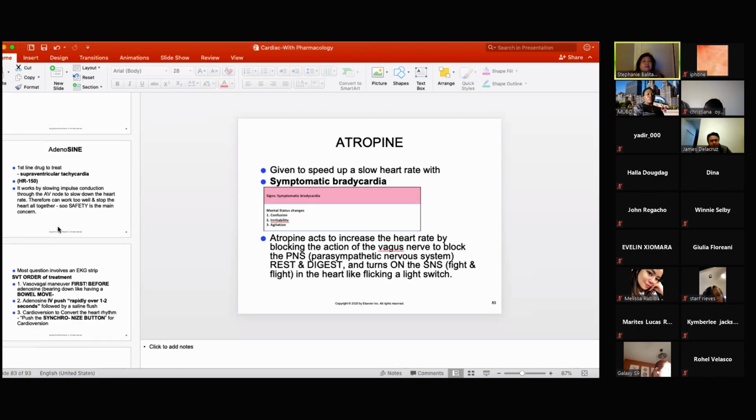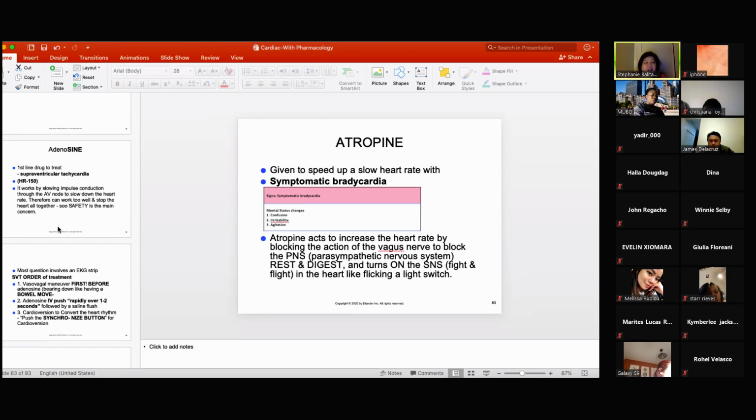So they are for those irregular heart rhythms. When you see questions like these, they will probably show you an EKG strip, because this is abnormalities in the heart rhythm. So these are your dysrhythmias.